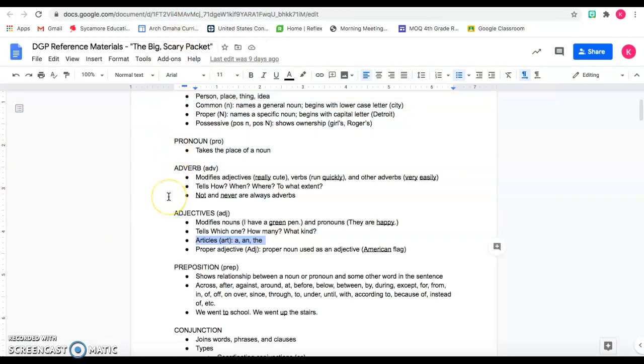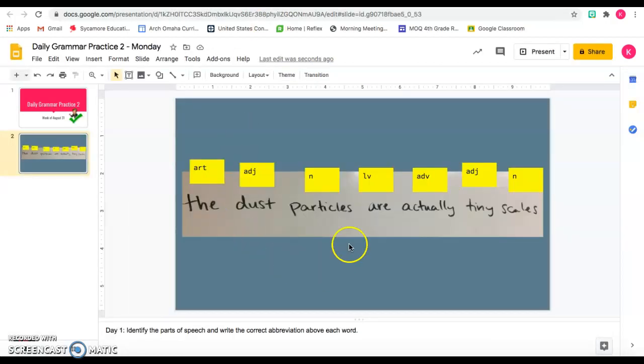Let's take a look at our big scary packet. So the big thing to note is adverbs are words that describe or modify other adjectives, verbs, or other adverbs. They can tell how, when, where, and to what extent. So in this case, if we look at our sentence, the adverb actually is describing the adjective tiny.